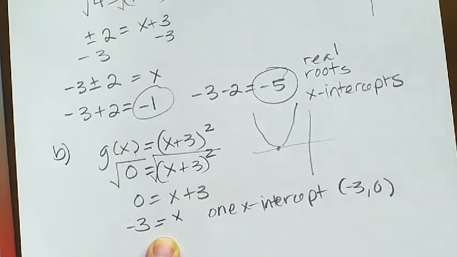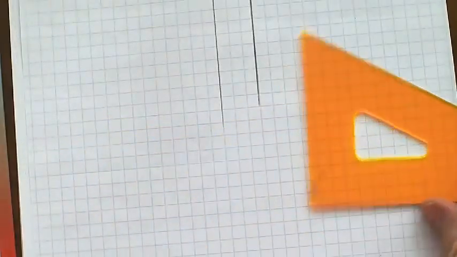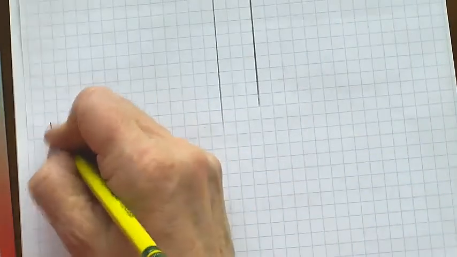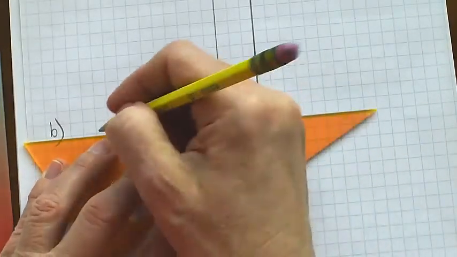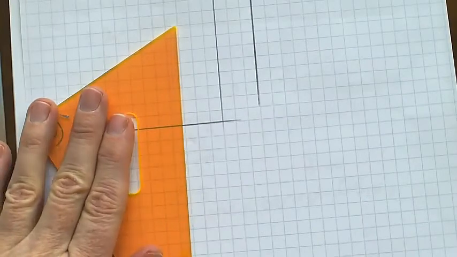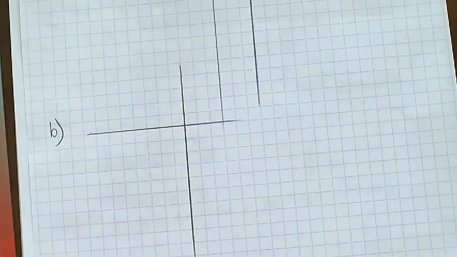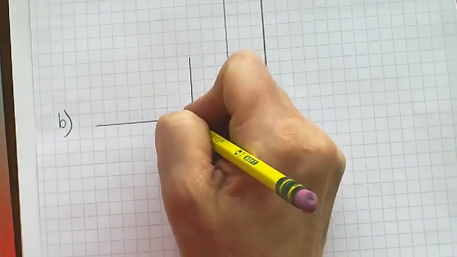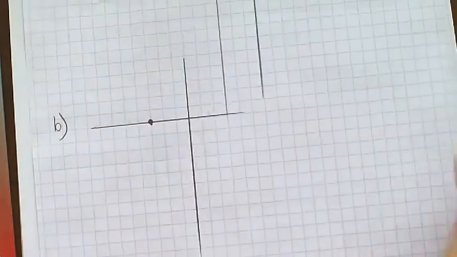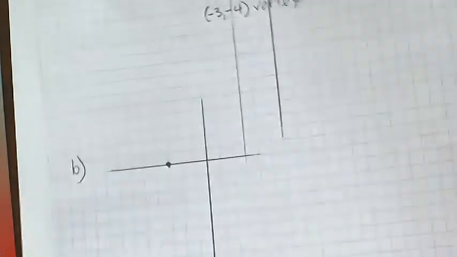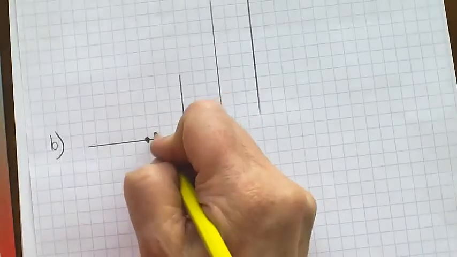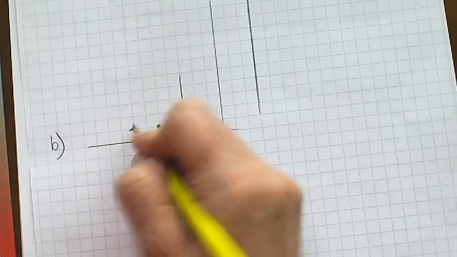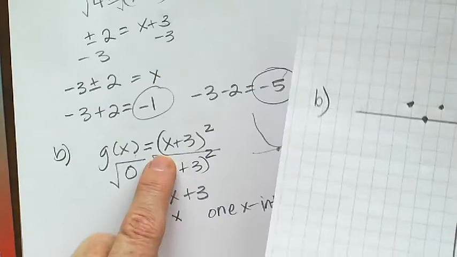So I'm going to sketch that for part B. Let's see. Okay, so my x-intercept is negative 3, 0. The only x-intercept. I know it's opening upward, so I'm just going to do this, because this doesn't have a multiplier.